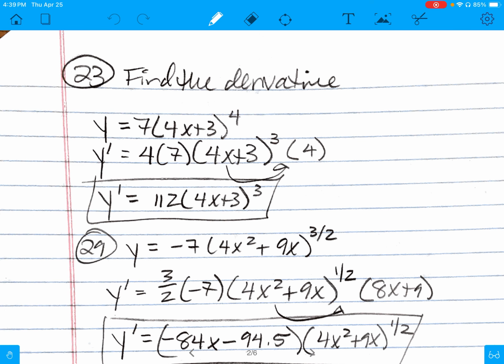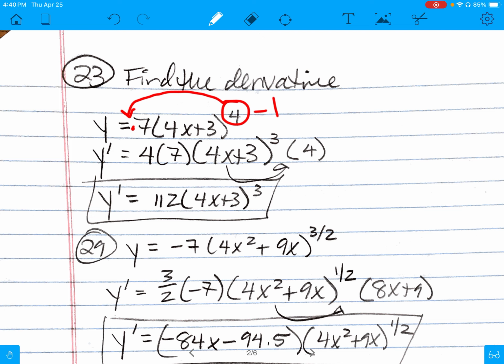So in 23, we're finding the derivative, very similar to what we've done before. We have y equals 7 times the quantity 4x plus 3 raised to the 4th power. And at first, we're just going to treat this as though that 4x plus 3, the thing inside the parentheses, were just an x, right? So when we are taking the derivative of a variable raised to a power, we bring the power down front and multiply, and then we subtract 1 from that power.